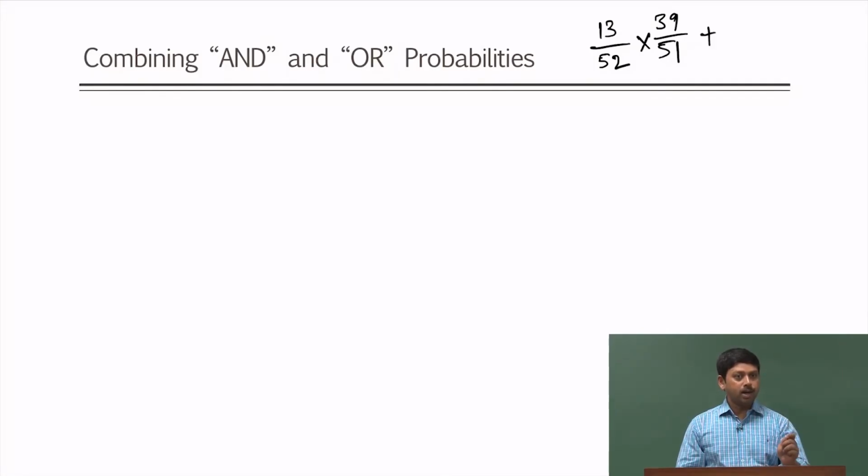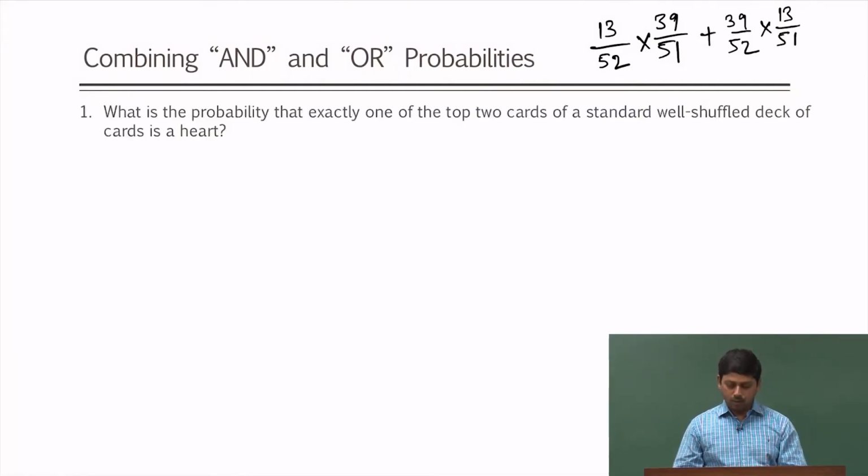My first card should be a heart and the second card should not be, or my first card should not be a heart and the second card should be a heart. First card not a heart is 39 by 52, second card a heart is 13 by 51. Addition of those will give us the desired probability that exactly one card out of the two is a heart.